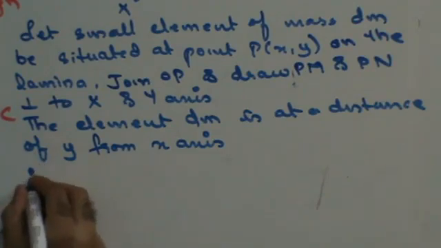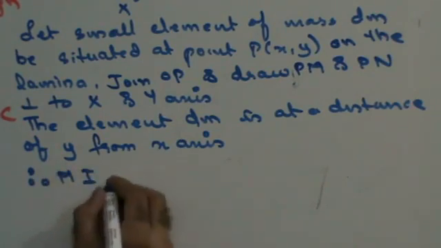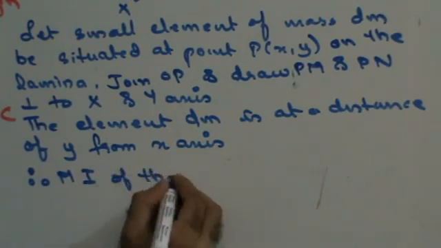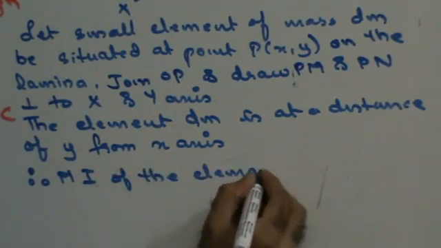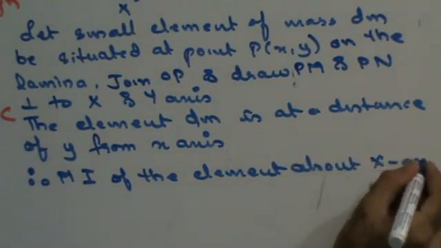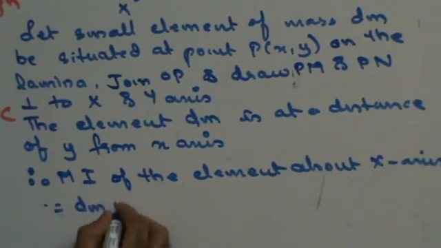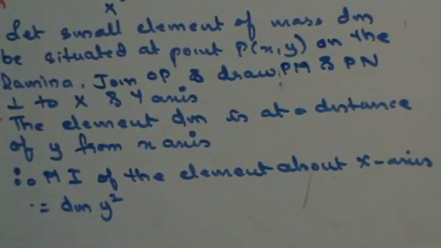Therefore, the moment of inertia of the element about the x-axis is going to be nothing but the mass into the square of the distance, so it will be dm into y square.